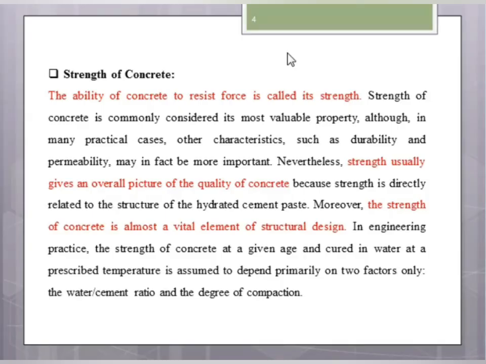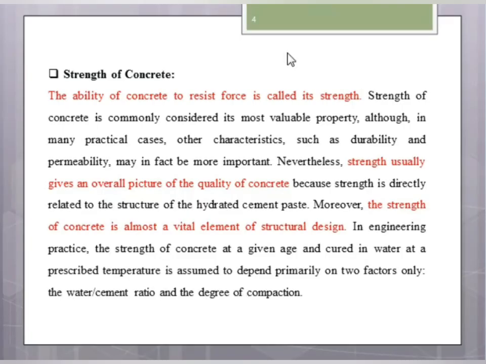Okay. Although in many practical cases, other characteristics such as durability and permeability may be more important. For example, special structural elements like nuclear power stations and some major dams. In such important structures, durability along with strength, the durability parameter, is also considered in the design.